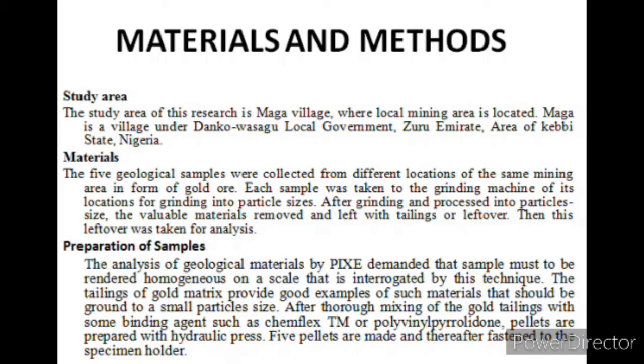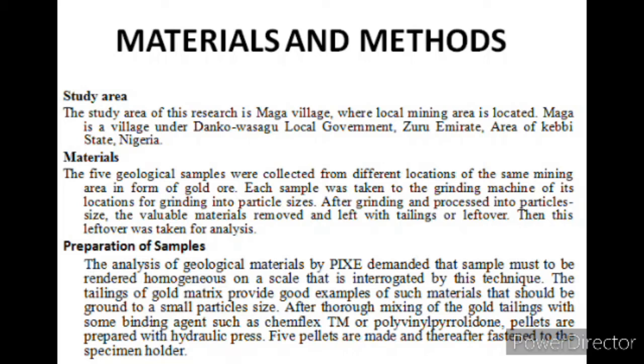Each sample was taken to the grinding machine at its location when it was collected, for grinding into particle size. After grinding and processing into particle size, the valuable material was removed, leaving the tailings or leftover. Then this leftover was taken for analysis.